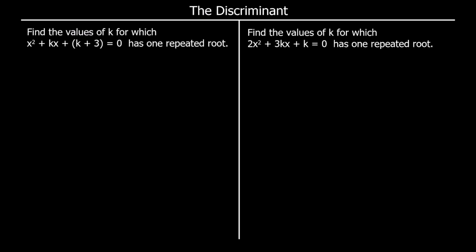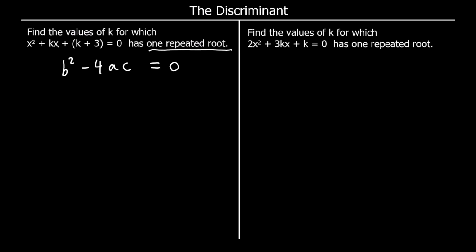And this question, find the values of k for which x squared plus kx plus k plus 3 has 1 repeated root, so 1 solution. So for that, b squared minus 4ac has to be equal to 0.